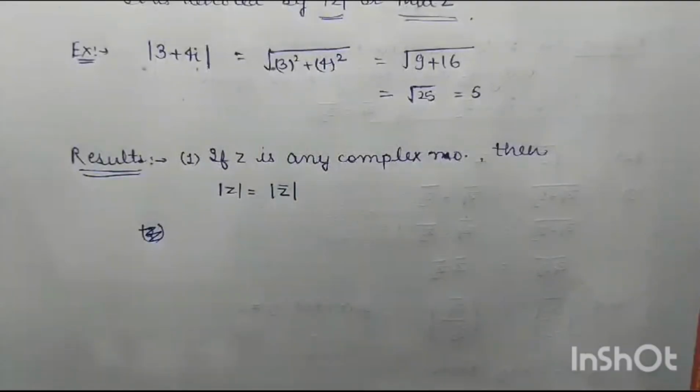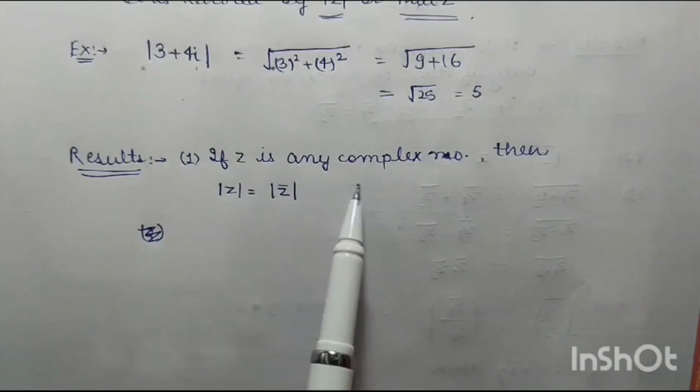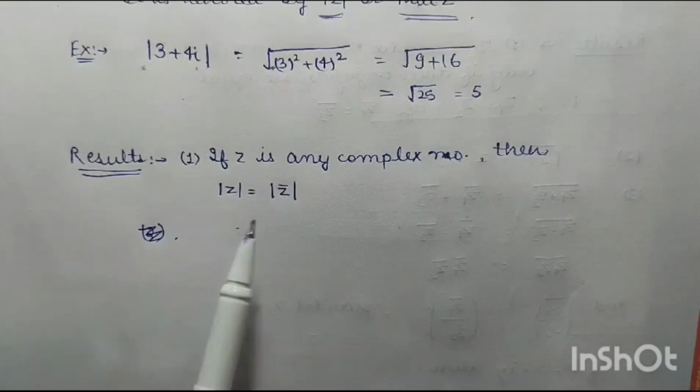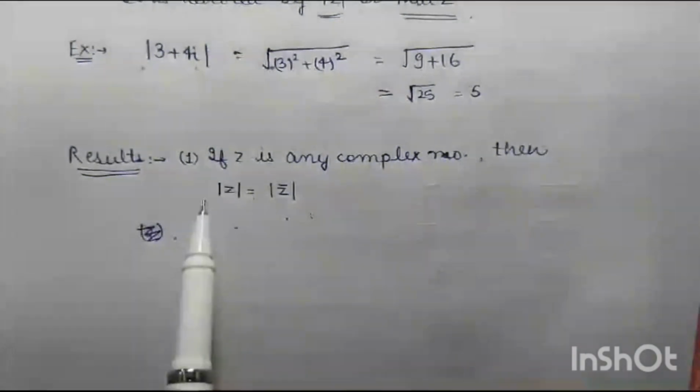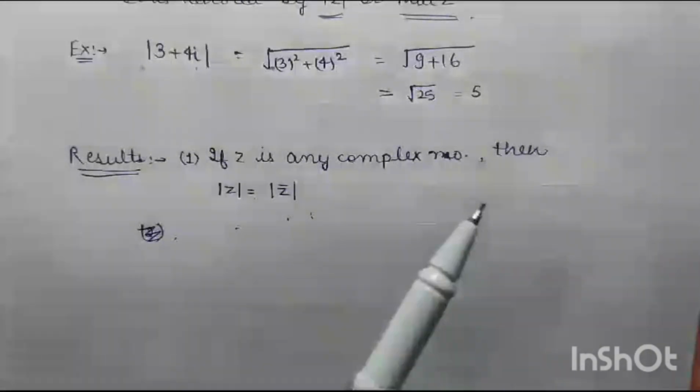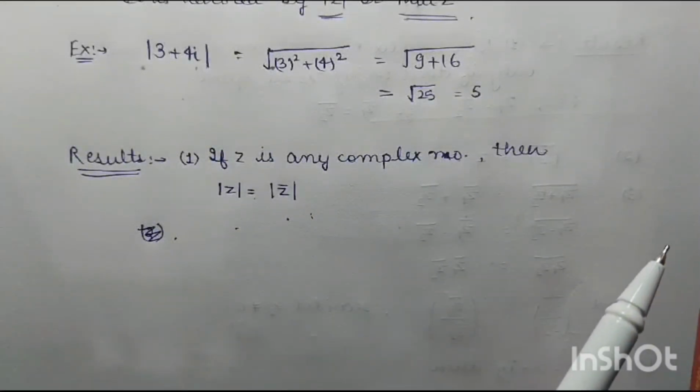We have the following results about the modulus of a complex number which you should remember. First, if z is any complex number, then mod of z is equal to mod of conjugate z. If we have z as x plus iota y, then mod z is under root x square plus y square.